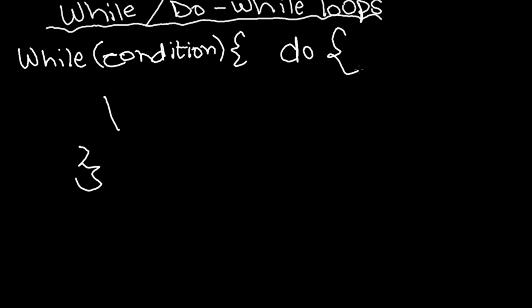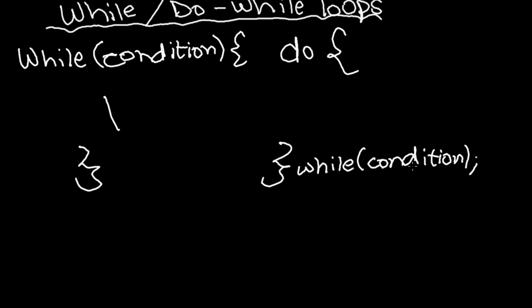It does something as long as the condition is true. So a do while loop is: do, while condition, and here this means while the condition is true. Let me just separate that with a line. Yeah, that's while and do while.